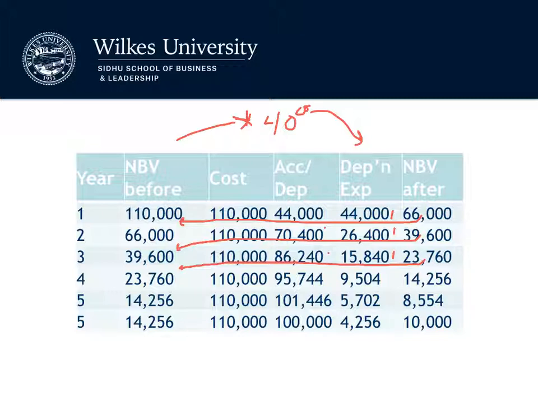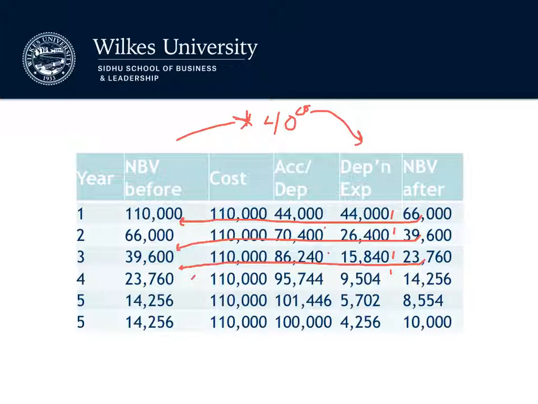So if the salvage value was $15,000, we would have a problem at the end of year 4. But we don't, so I'll explain a little bit here. We start same thing, $23,760 is net book value at the beginning. 40% of that's $9,504 for depreciation expense.